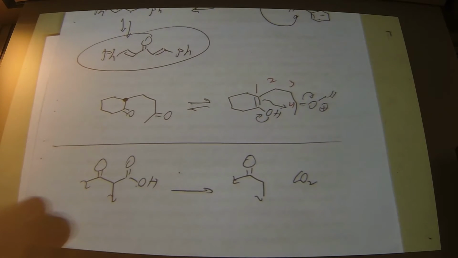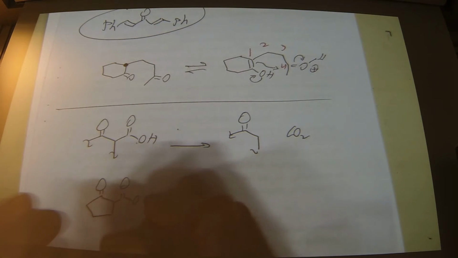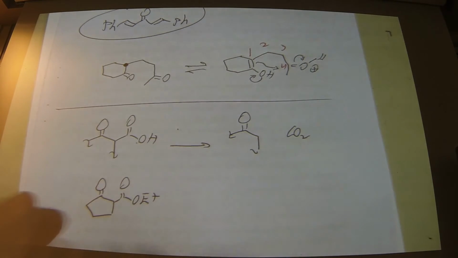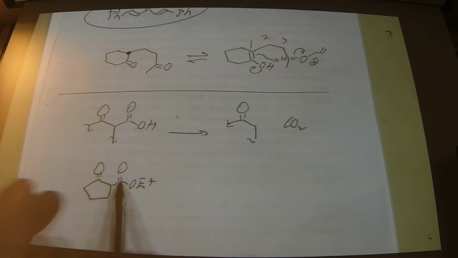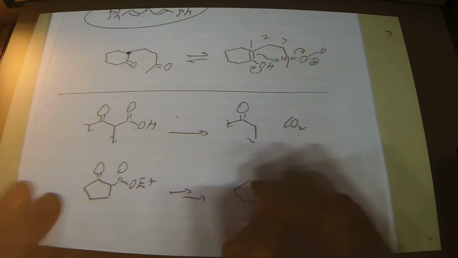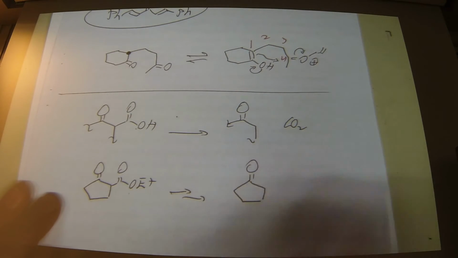Okay, so remind yourselves of that mechanism. Now, in the context of the Claisen or the Dieckmann condensation, I think you can see what I'm getting at. If I hydrolyze that ester, I end up with a beta-keto acid, which can undergo decarboxylation. And so this is going to give me, as a product, cyclopentanone.